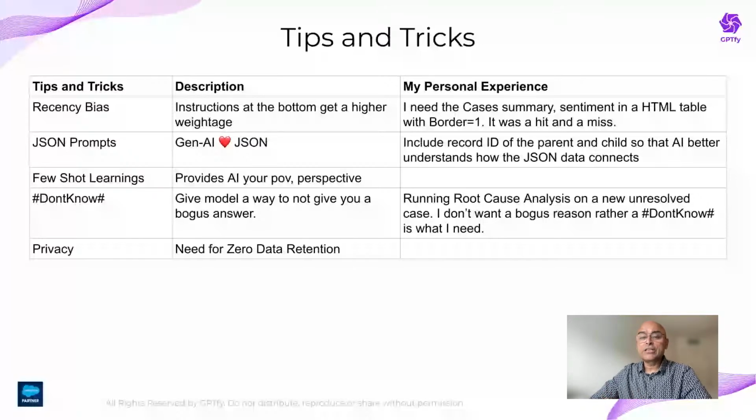In my personal experience, I was writing a prompt where I wanted AI to generate an HTML table with solid black borders, and it was hit and miss. After a very long time, I realized about recency bias, and I moved these instructions to the bottom, and then it started to work.